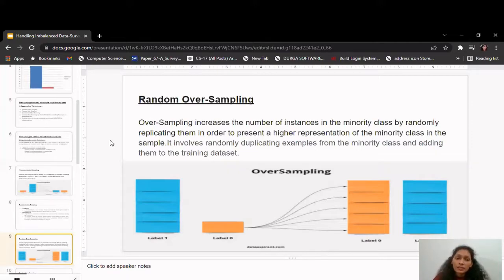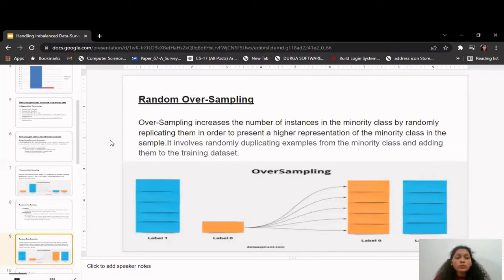But as we can see that this is also not so accurate method, because we are just copying and duplicating the data again and again. So the model is not going to be so much accurate.